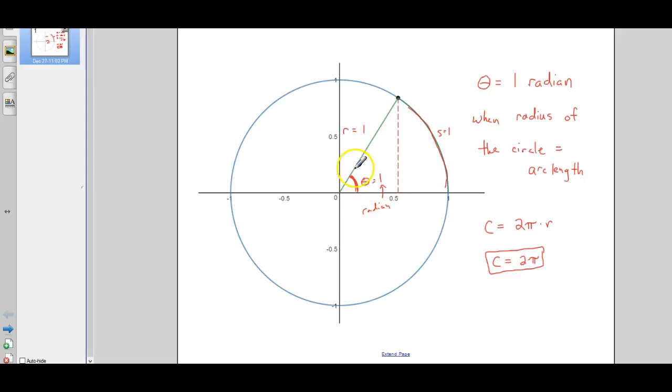If the arc length is 1 when we have 1 radian, there's this 1-to-1 ratio between the two. So if I doubled this, and the arc length was over here somewhere, I'm just trying to illustrate the idea that when I go a little bit further and the arc length is 2, what angle would I be at?